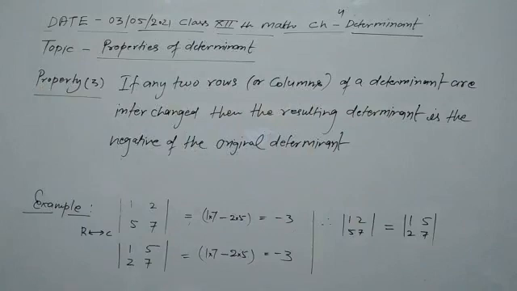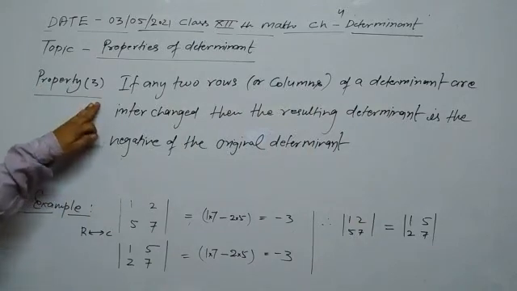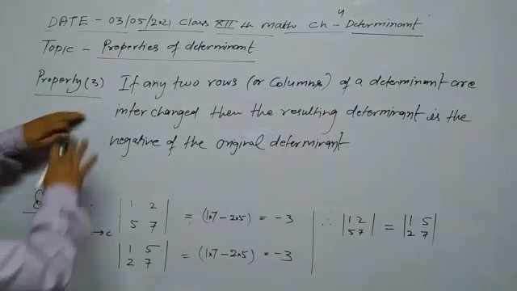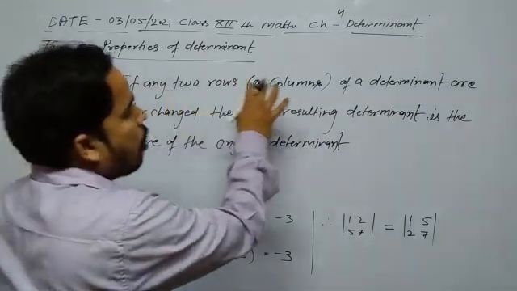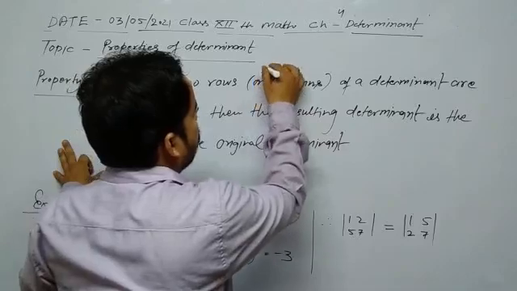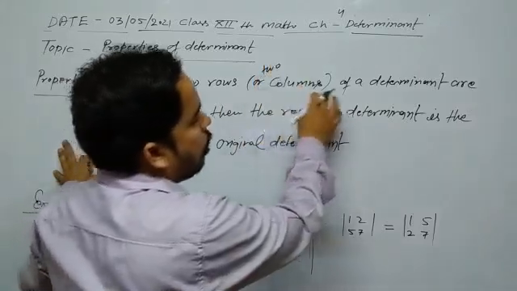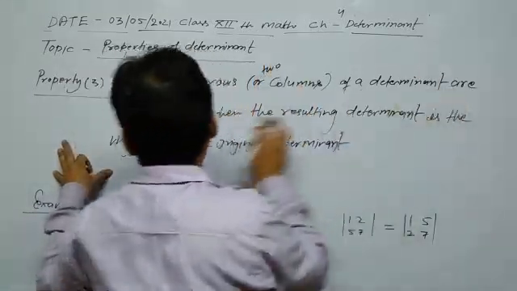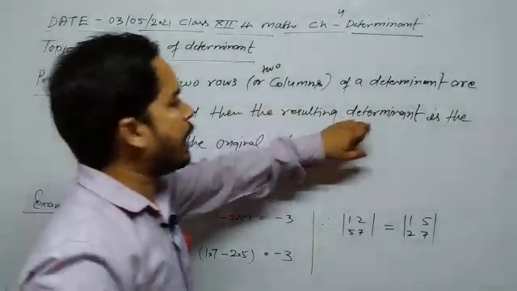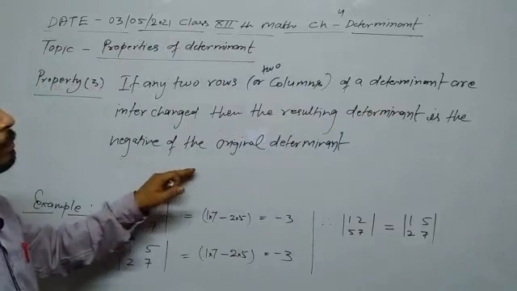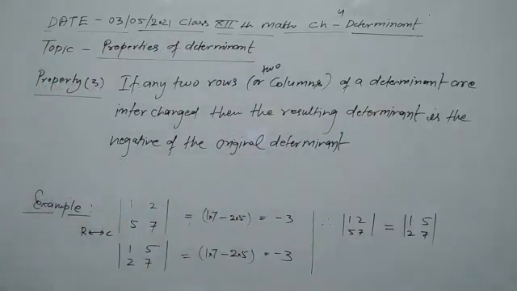This is the third property I am going to explain: if any two rows or two columns of a determinant are interchanged, then the resulting determinant is the negative of the original determinant.